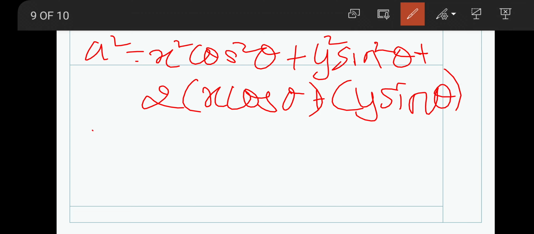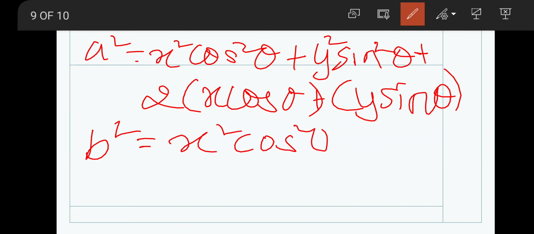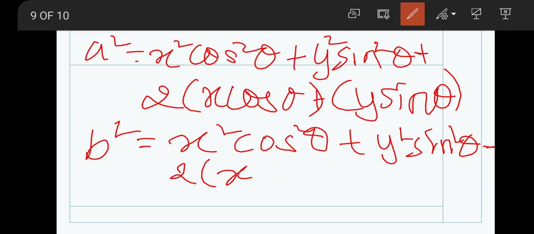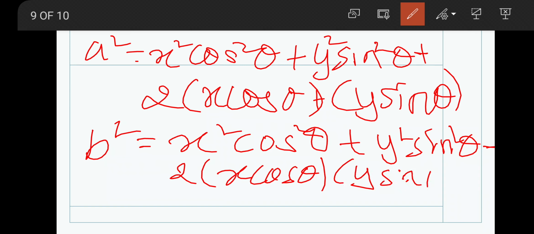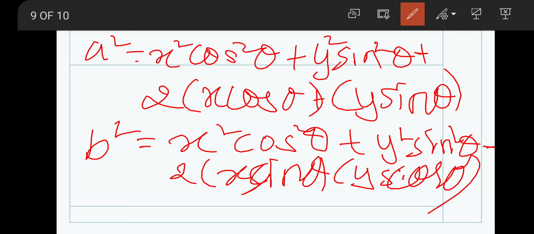And what's b square? b square equals x square sin square theta plus y square cos square theta minus 2 into x sin theta into y cos theta. Sorry, it's reversed, I'm so sorry, sin theta and cos theta.